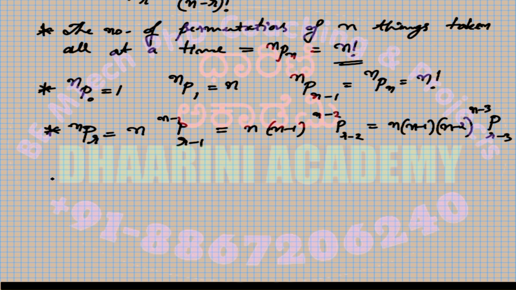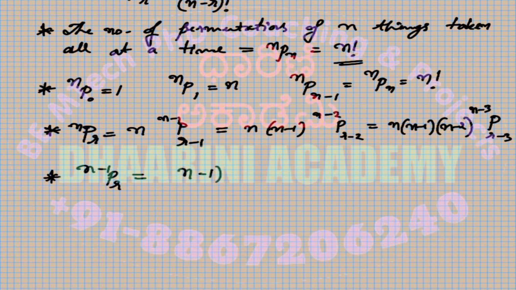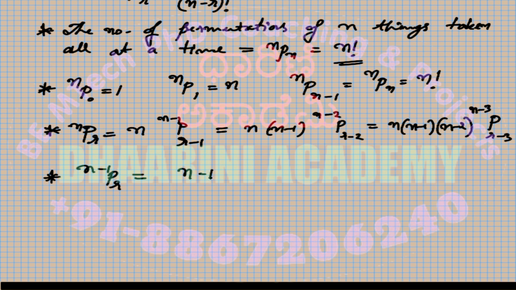Okay, then there is another property to remember: (n minus 1)Pr is nothing but (n minus r) into (n minus 1)P(r minus 1).